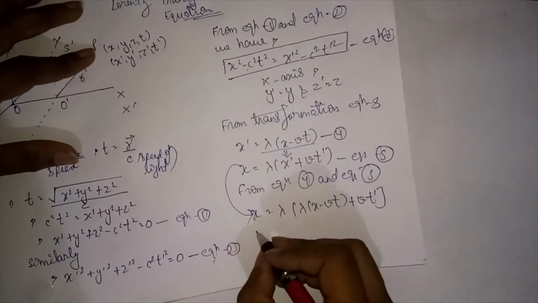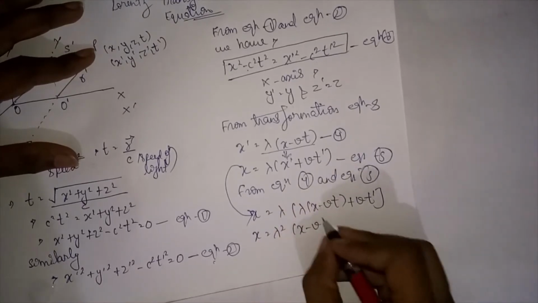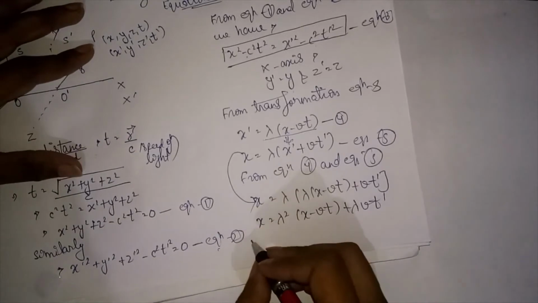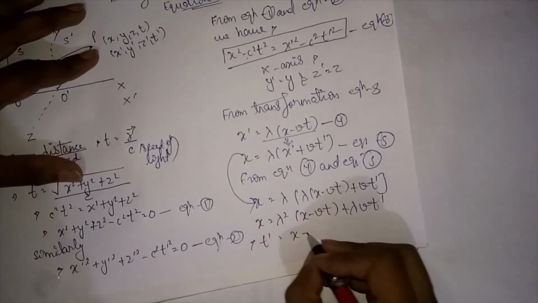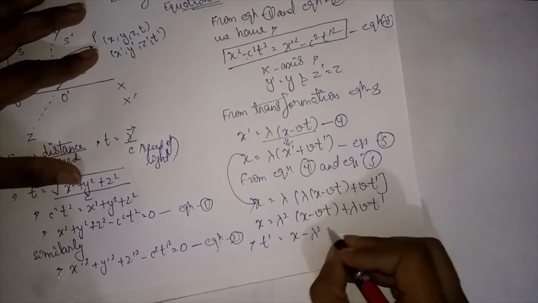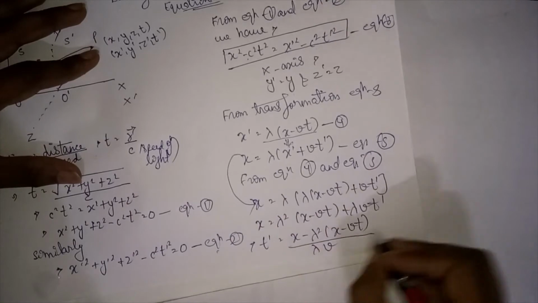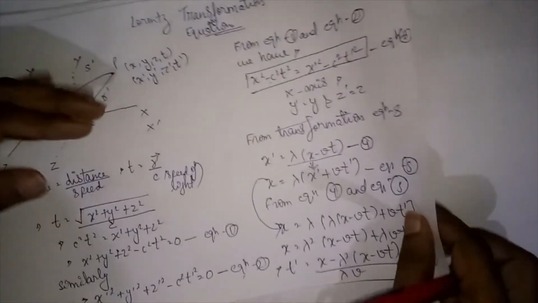Now x equals lambda square into x minus vt plus lambda vt dash, and we get the value of t dash as x minus lambda square into x minus vt upon lambda v. This is our equation number 6.